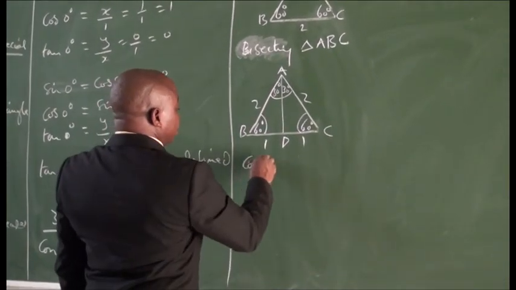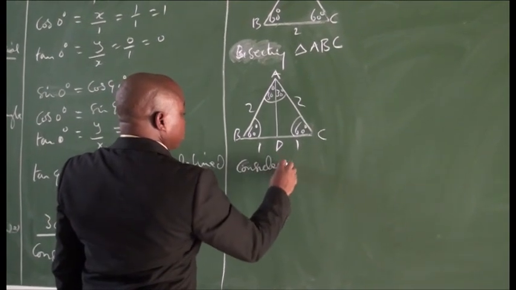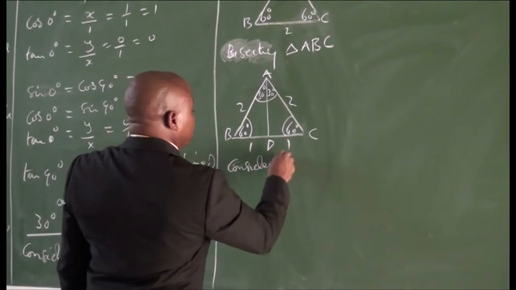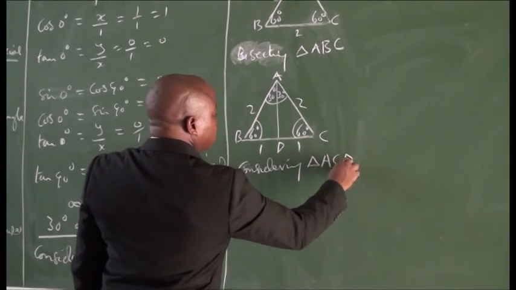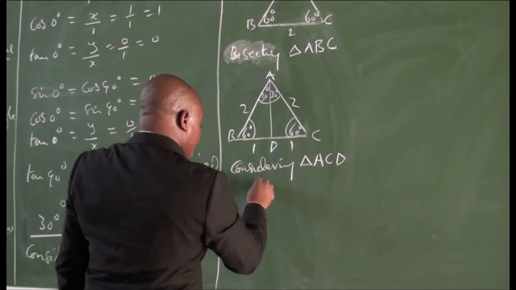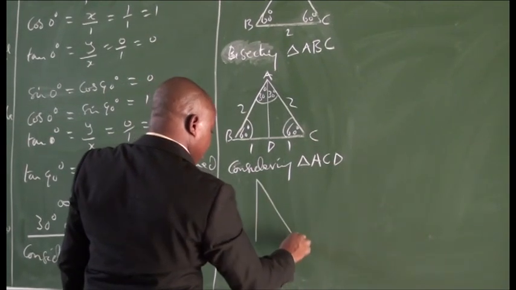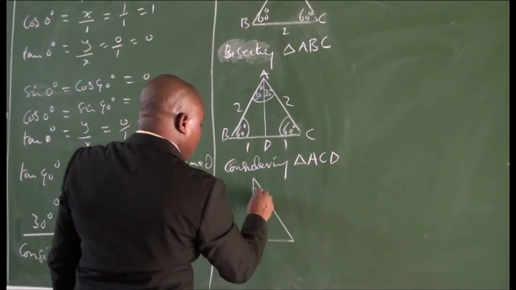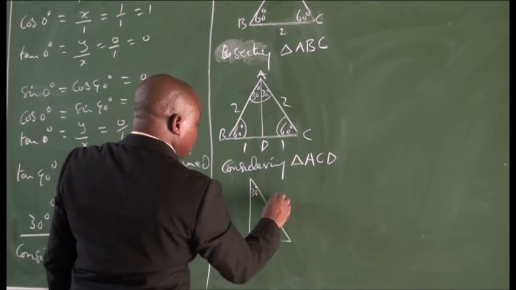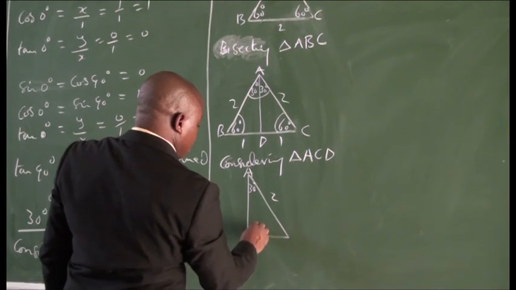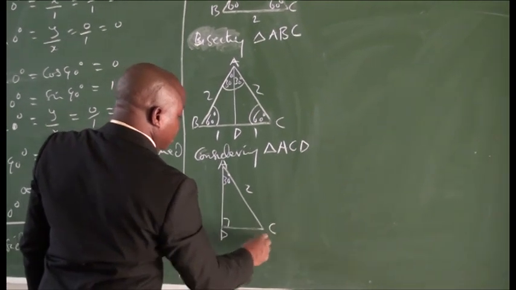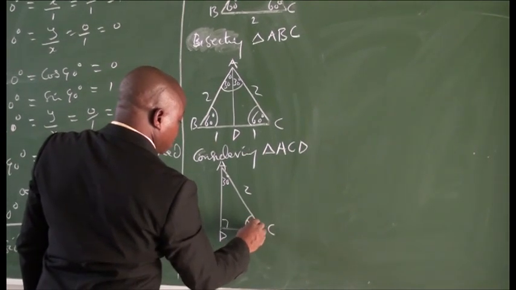Now, considering triangle ACD, that is this part, I have something like this, where here is 30 degrees, and this is D, on D, give me 90 degrees, and this is C with 60 degrees.